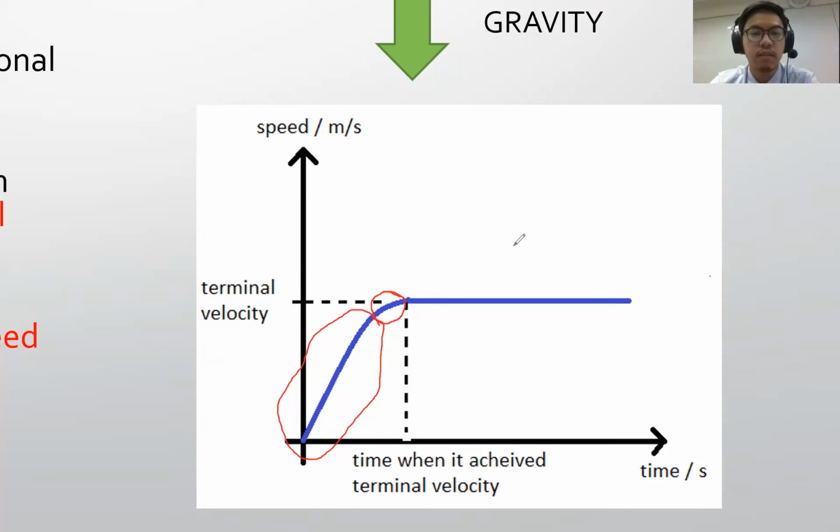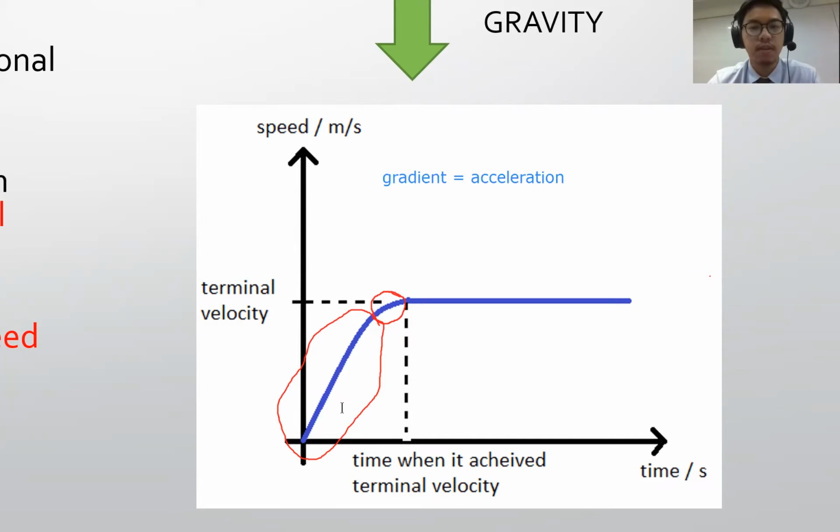That's why the graph starts to curve here. You are still speeding up, but your acceleration is getting smaller and smaller. And if you remember from our previous lessons before the holiday, the gradient of the graph is equal to the acceleration.